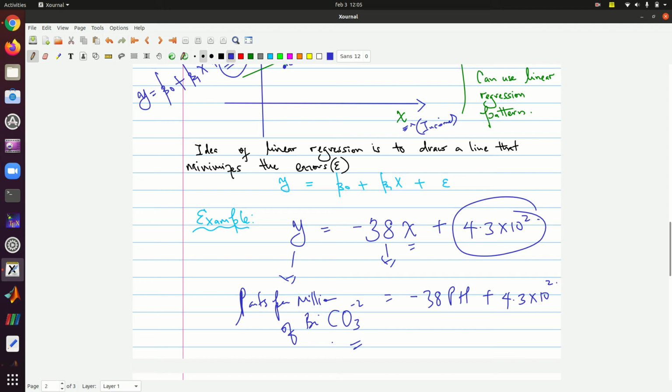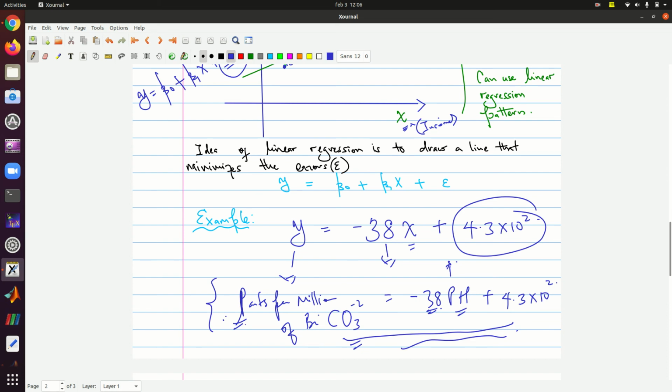So here this tells us that when the pH increases by a certain unit of measurement, I'm not a chemist, so I don't know how they're measuring this, then we expect the concentration in parts per million of the bicarbonate to reduce by 38 units according to whatever measurement they have made.